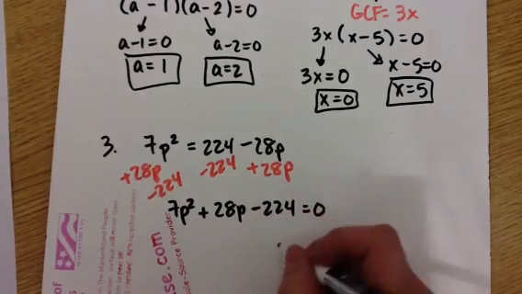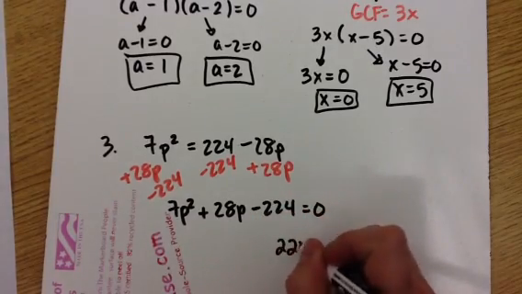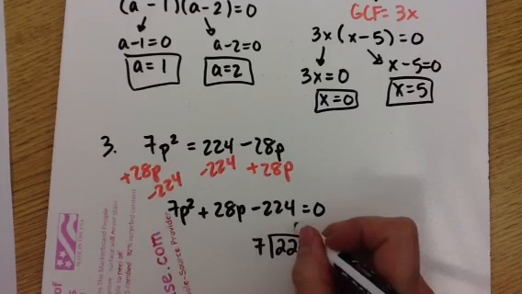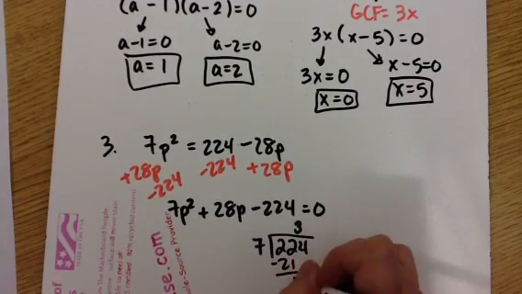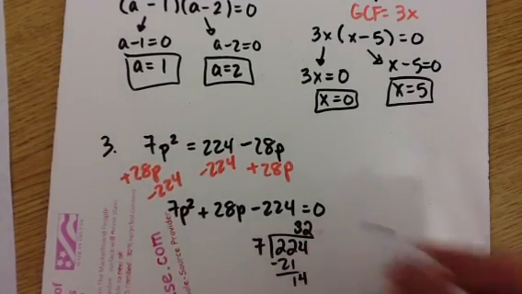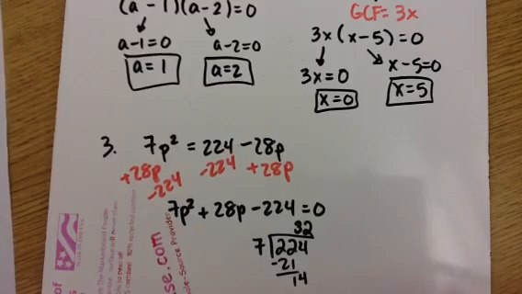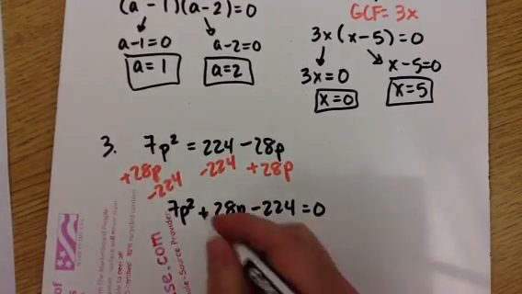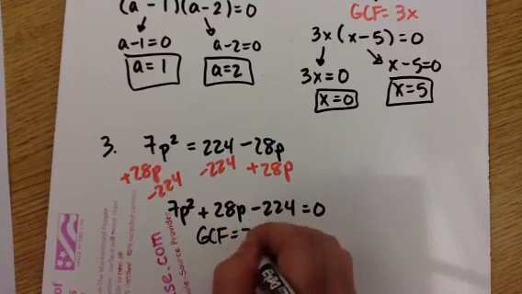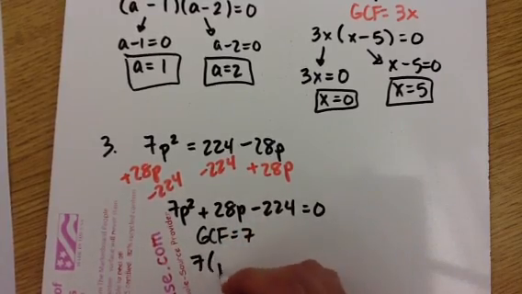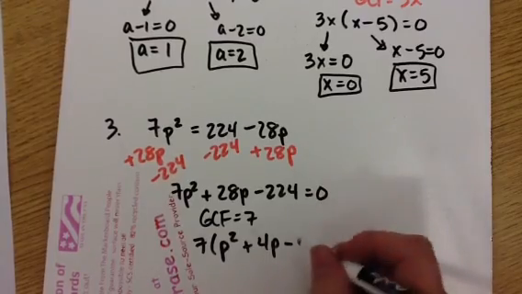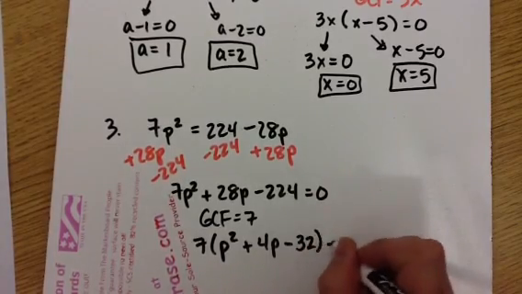Maybe 7 might come out. Let's see if 224 is divisible by 7. 7 goes into 22 3 times. Subtract the 21. I get 1, 14. Yes. So 7 will come out of all of those terms. So let's factor out the greatest common factor of 7. So I have 7 times p squared plus 4p minus 32 equals 0.